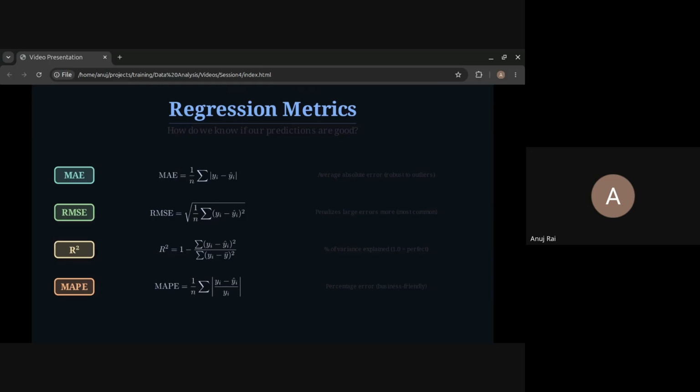And then we have MAPE, which is used to calculate the percentage error.